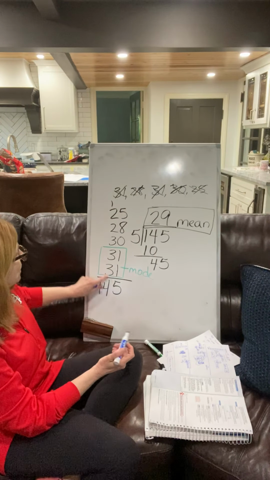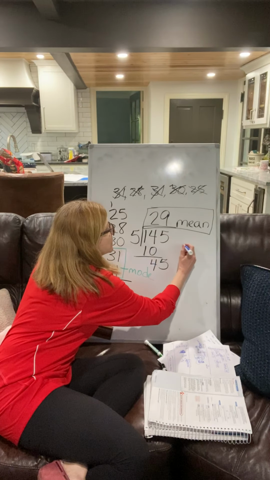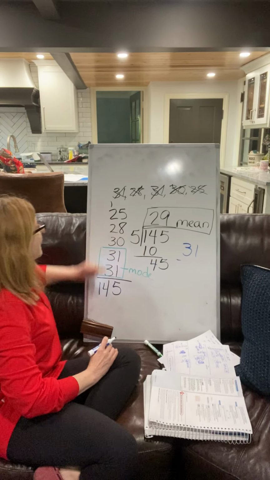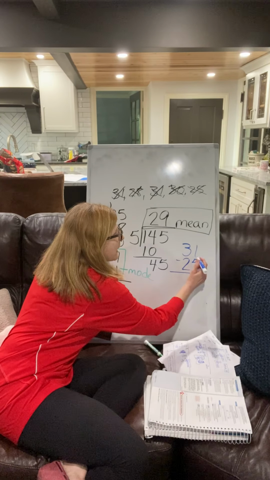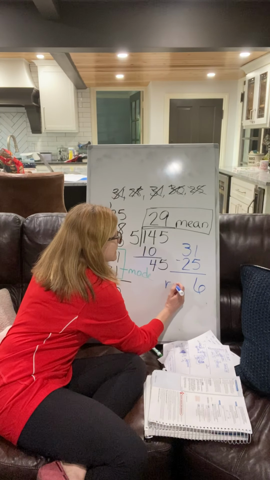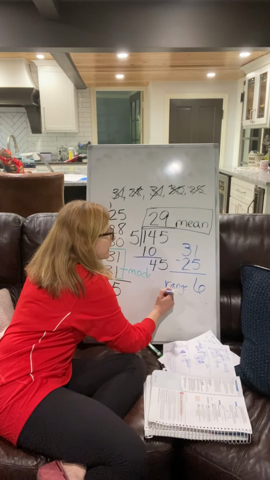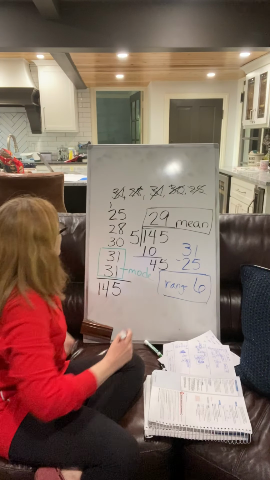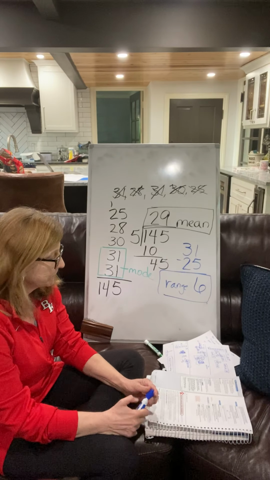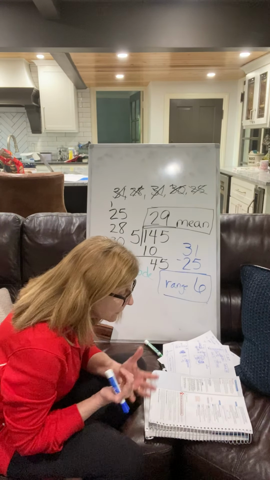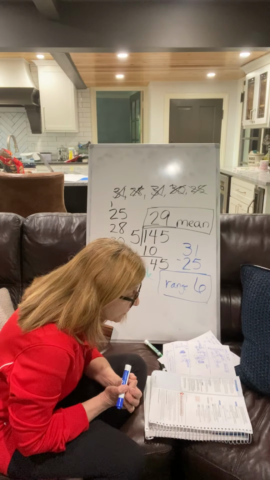Take your highest number, 31, and subtract your smallest number, 25. So my range is 6. There are 6 points between 25 and 31. So it's a range of 6. Okay? And that's all that it needs us to find on B.